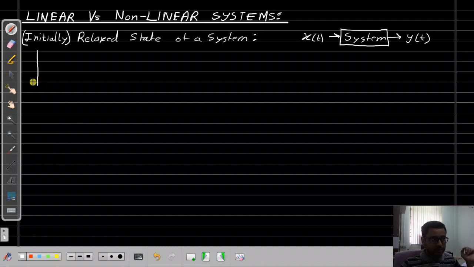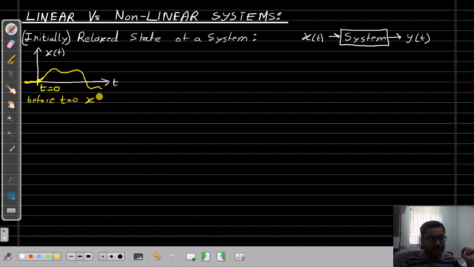Suppose this is the signal x(t) as a function of time. Suppose the input is started at some point of time here, and before that the input was 0. Without loss of generality, call this time t equal to 0. So before t equal to 0, x(t) was 0.